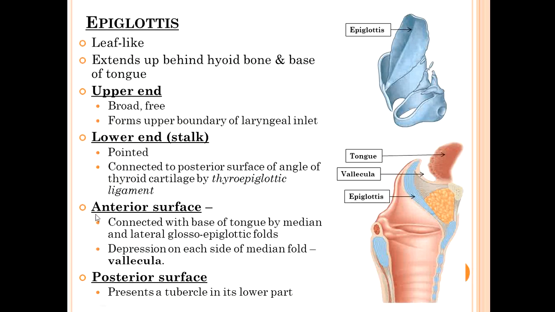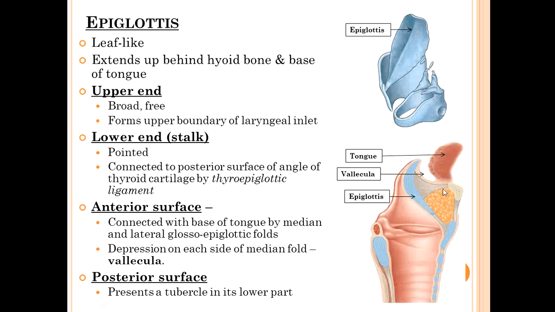Then what is the anterior surface? Here this is the anterior surface. It is connected to the base of the tongue by three folds. One is the median glossoepiglottic fold, and on either side there will be a lateral glossoepiglottic fold, attached to the base of the tongue.